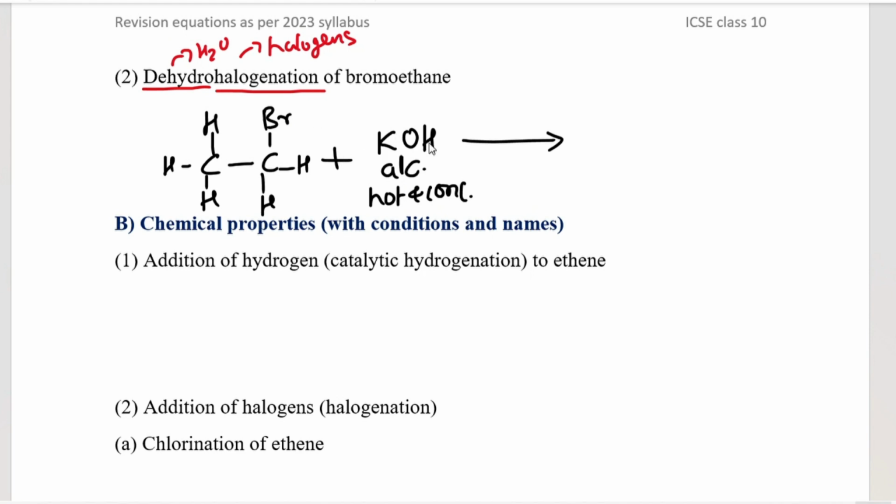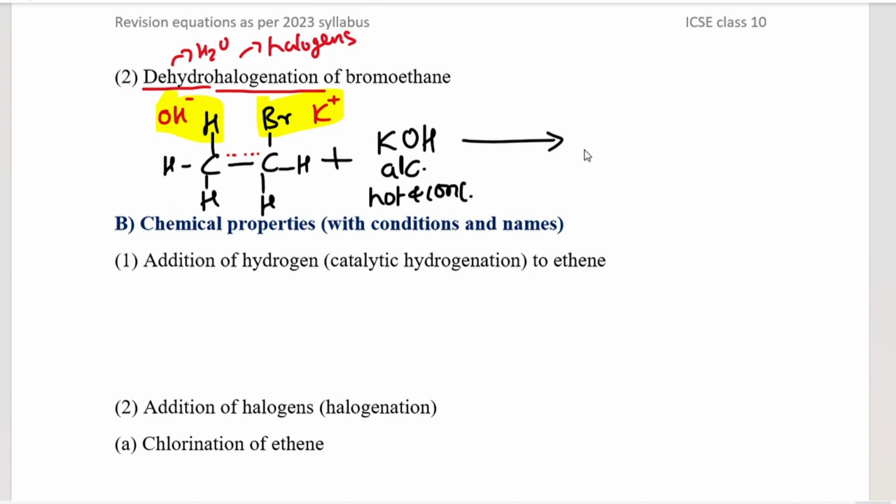So potassium hydroxide, K plus OH minus. I'm just showing you how it is going to happen. So OH minus will take away hydrogen. H plus it will take. So what will it form? Water. K plus will take Br minus. So what is it forming? KBr. So a new bond will form between the carbon and carbon to compensate the loss of atoms.